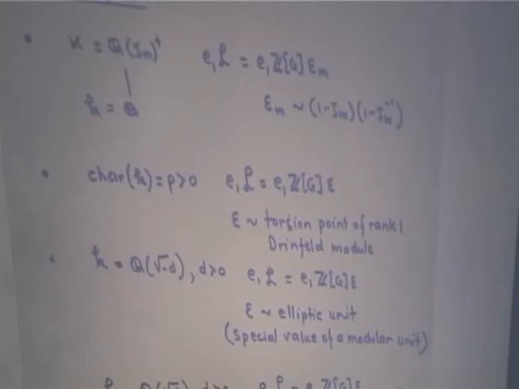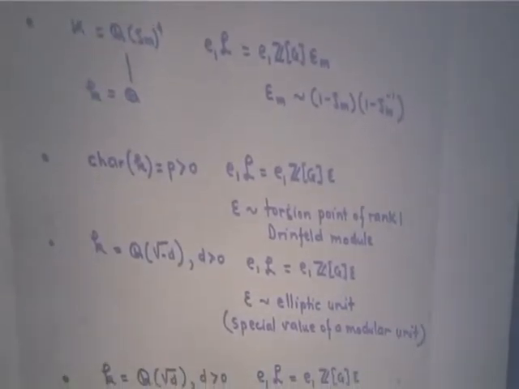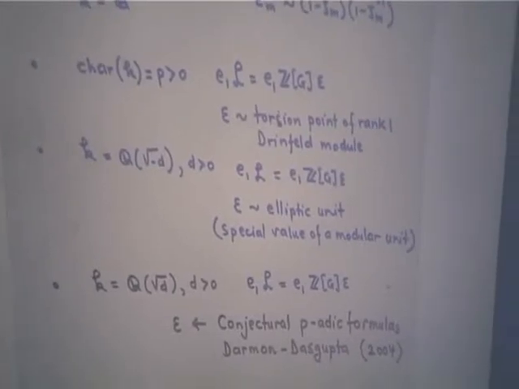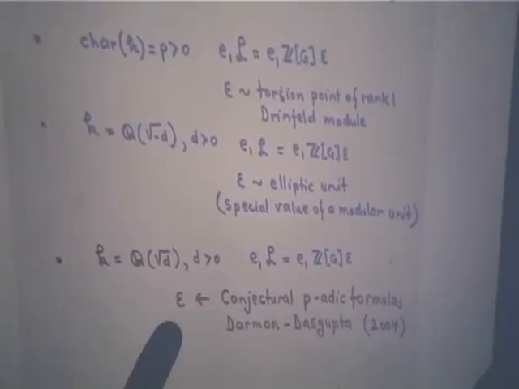And now, recently, there is a promising development in the situation where the base field is a real quadratic field, where we don't know how to prove Stark's conjecture. Recent work of Darmon and Dasgupta has produced a conjectural p-adic construction of this epsilon, which will generate E1L over Z bracket G. For the moment, these are just p-adic formulas.